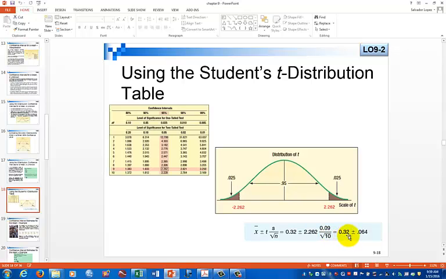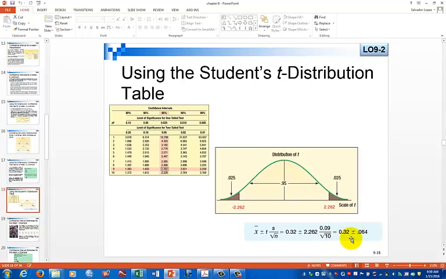If you do that, you get 0.32 plus minus 0.064. That means we just took one sample; if we do repeated samples, 95% of them will include the population mean.